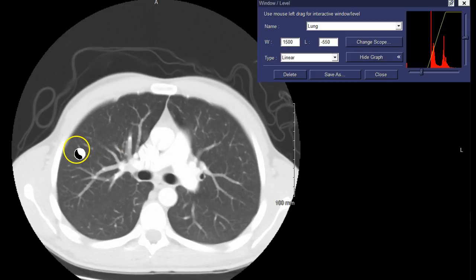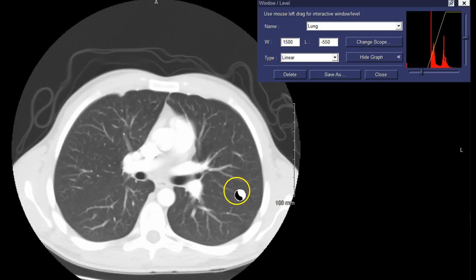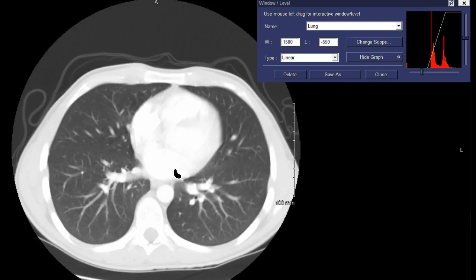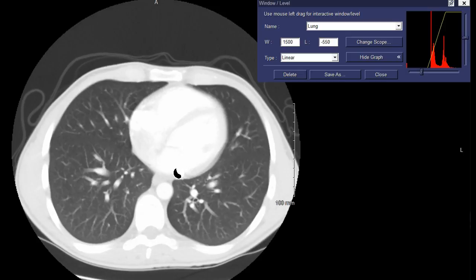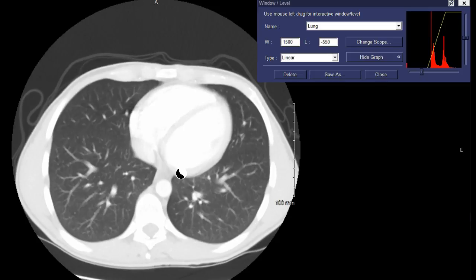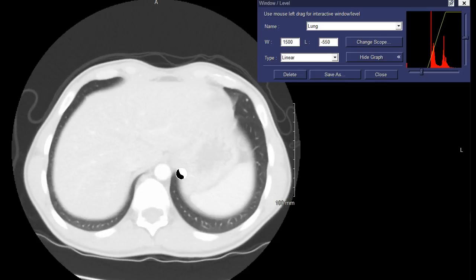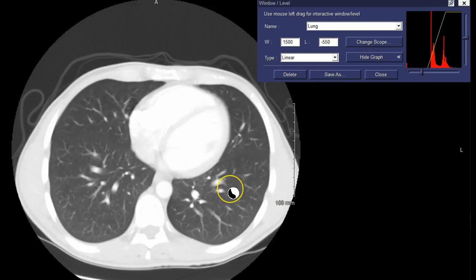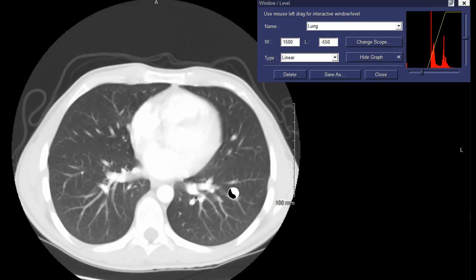Nonetheless, it's really cool to see the vasculature associated with these lungs and understand better how blood returns to the heart, feeds through the lungs, becomes oxygenated, returns to the heart, and is pumped out through the rest of the body. But in terms of the concepts of window and leveling, hopefully this is now reiterated for you.